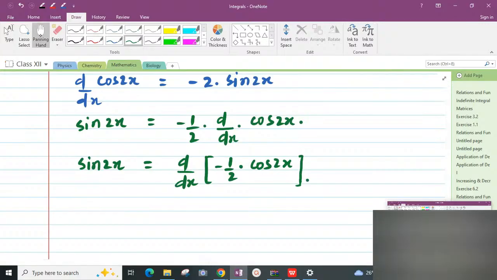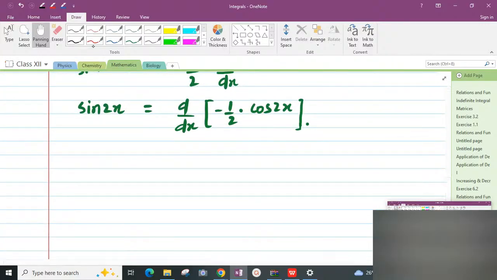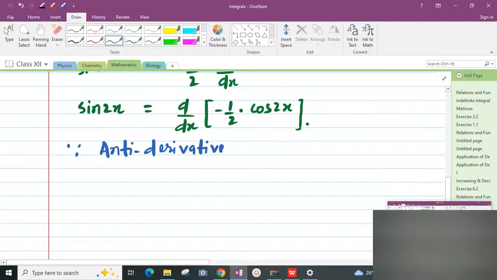Therefore, antiderivative of sine 2x equal to minus 1 by 2 cos 2x. Hope that there is no problem to understand up to this step. Let's see the next question.